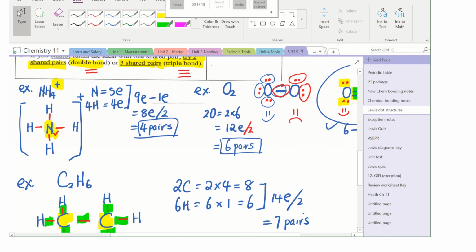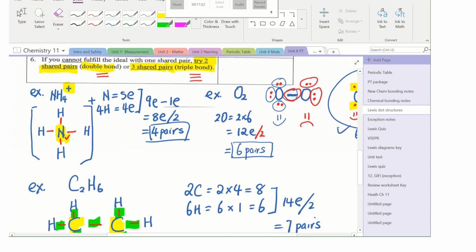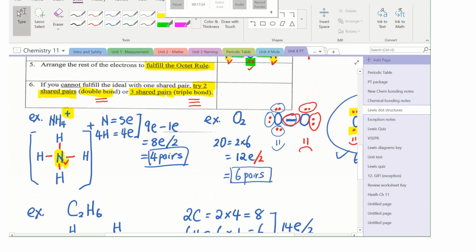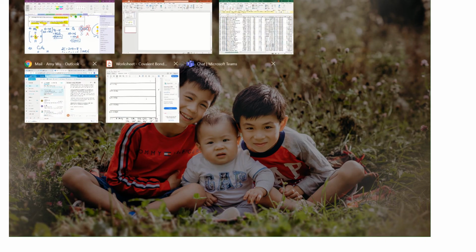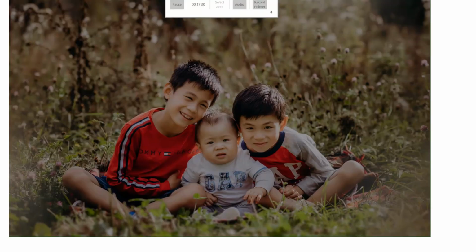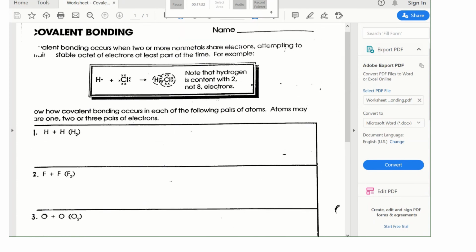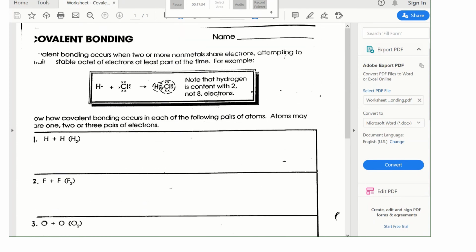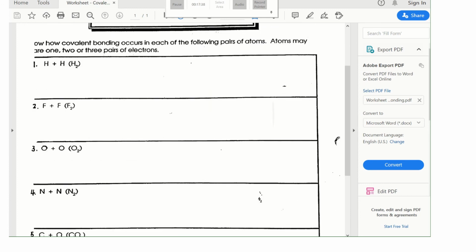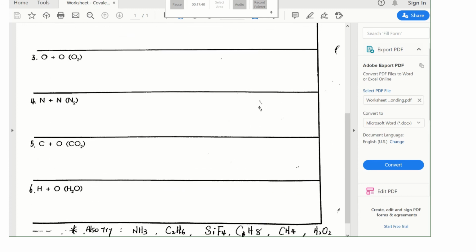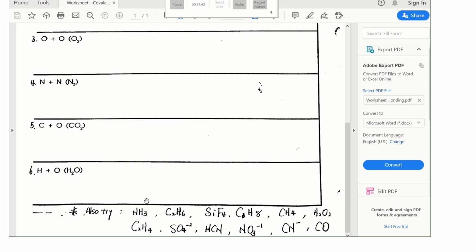So that's all I'm going to talk about today. Right now, like I said before, you need lots of practice. So I have put a homework worksheet that looks like this on the page where you find this PowerPoint. It's covalent bonding. There are 6 exercises here, but on the bottom here, can you guys see?